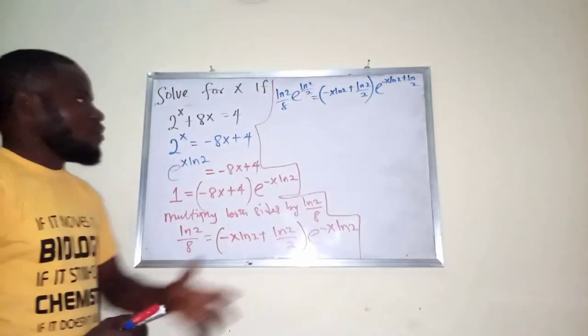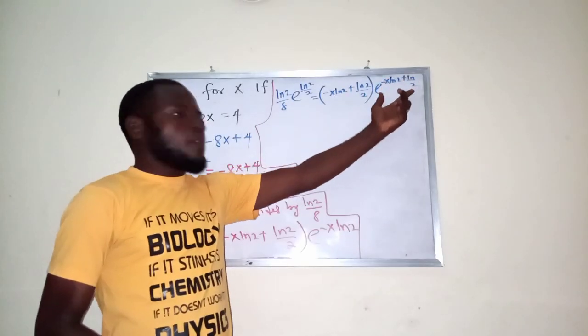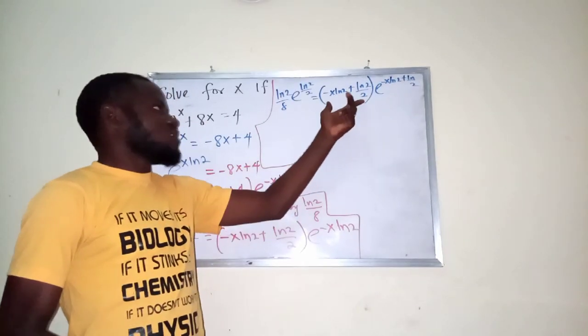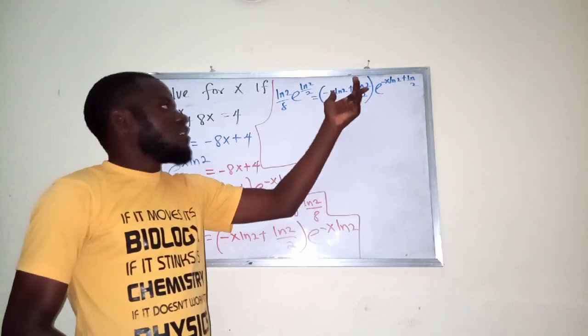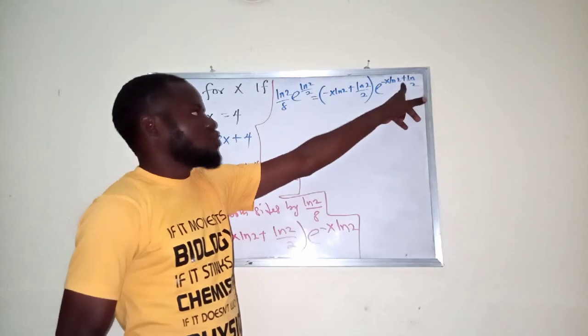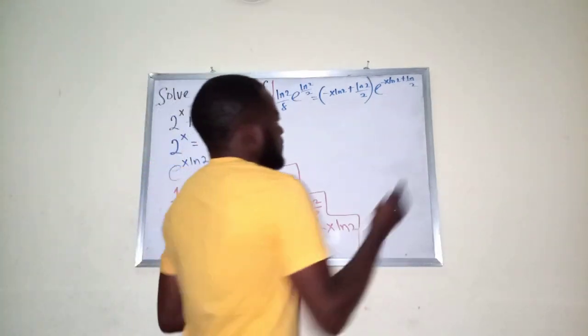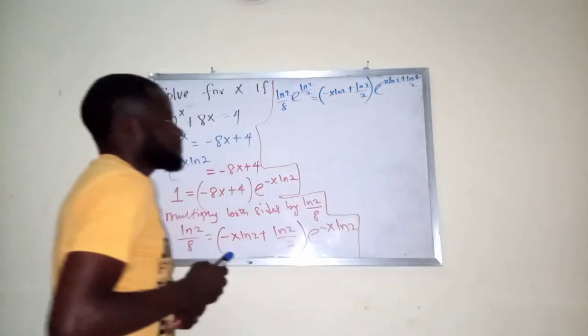So, if you look at this now, what I have as power of e here is exactly what I have as the coefficient of e to power of negative x ln 2 plus ln 2 over 2. Okay, this is ln 2 over 2.